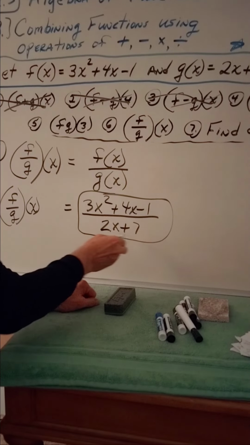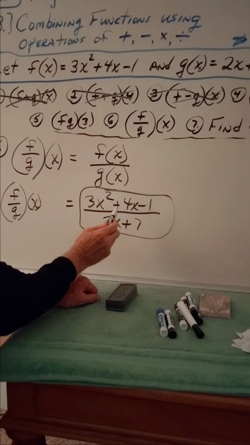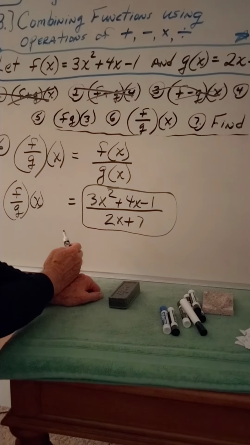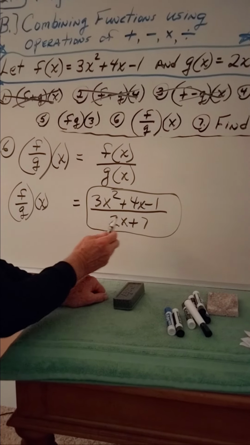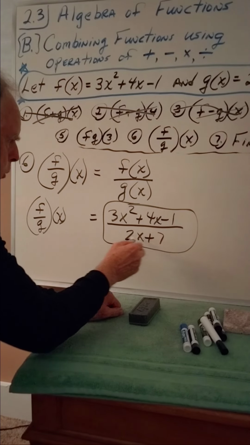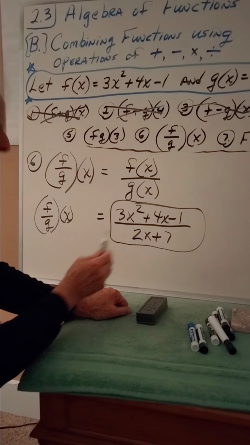So in order to find the domain of f over g, we're going to have to first find out what cannot be a part of the domain. It'll be a lot of numbers, but it's not going to be able to be one number. And we're going to have to find that value of x that will cause that denominator's value to be 0.